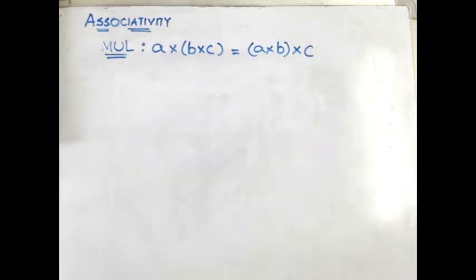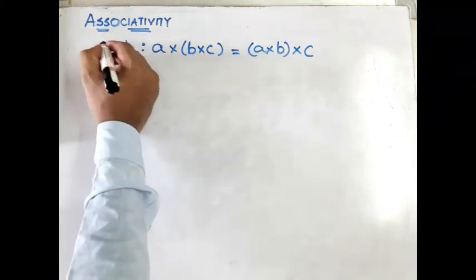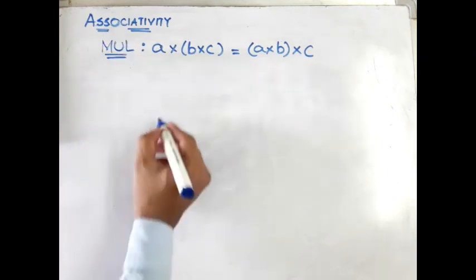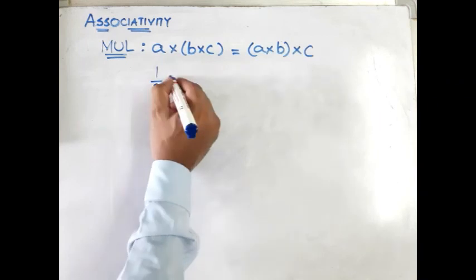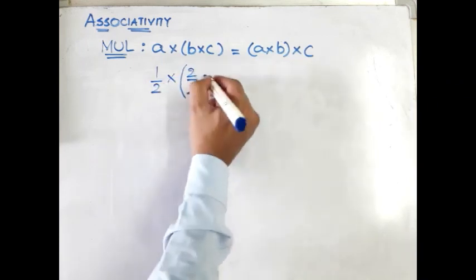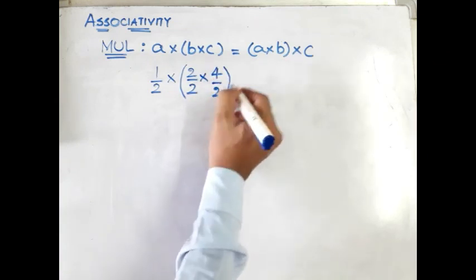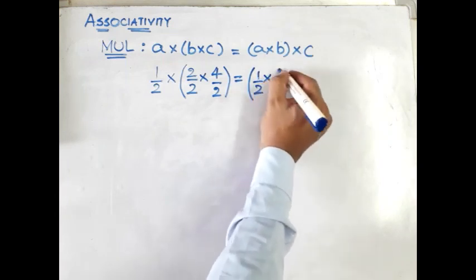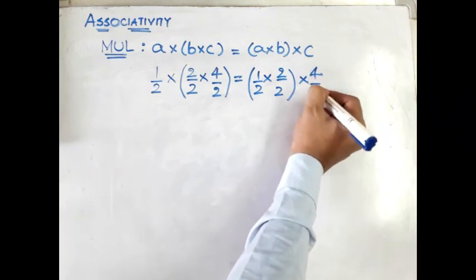Okay, let us go with the same examples. So multiplication. Okay, look. So a I am taking as 1 by 2, b as 2 by 2 and c as 4 by 2, so 1 by 2 into 2 by 2 into 4 by 2.